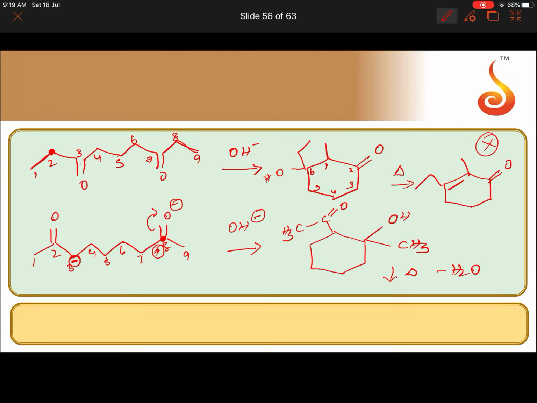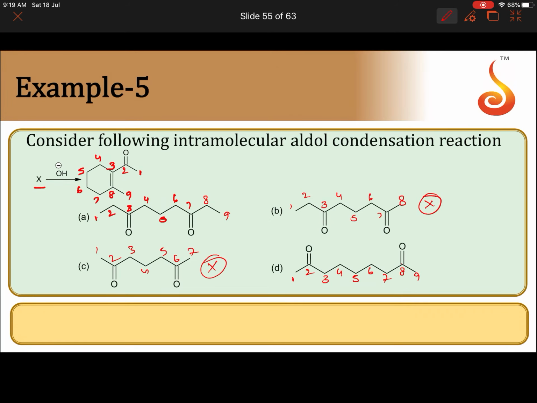This compound on heating loses a molecule of water. So what will I get? CH3, double bond C, double bond O CH3. This is the same product.